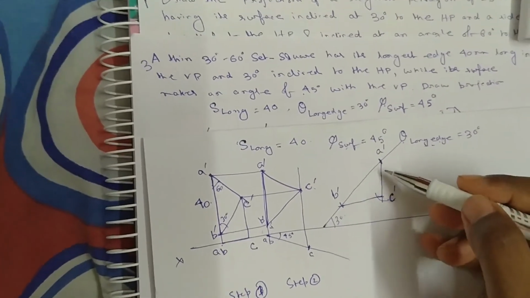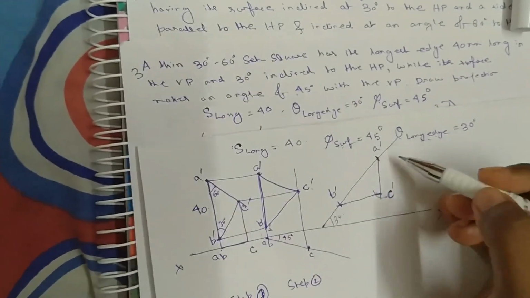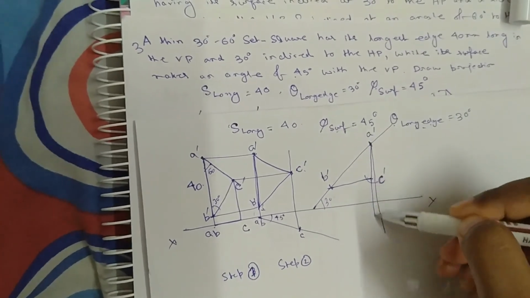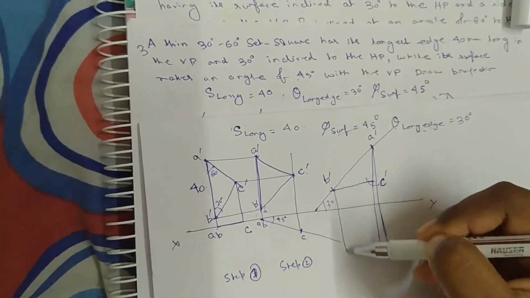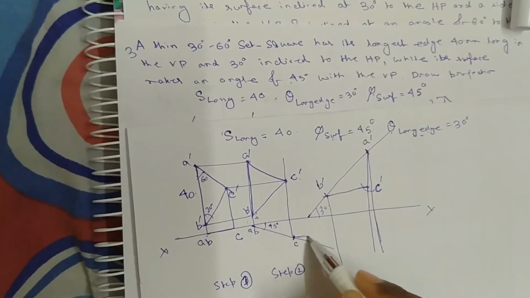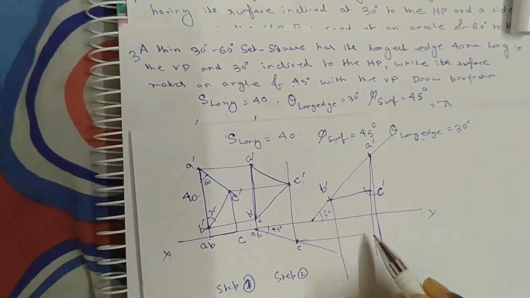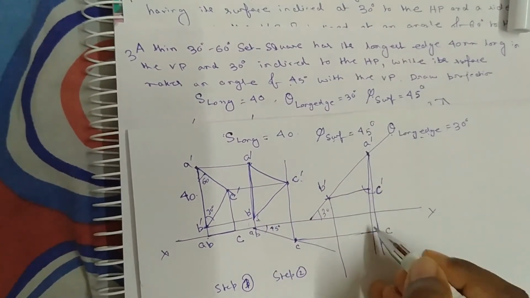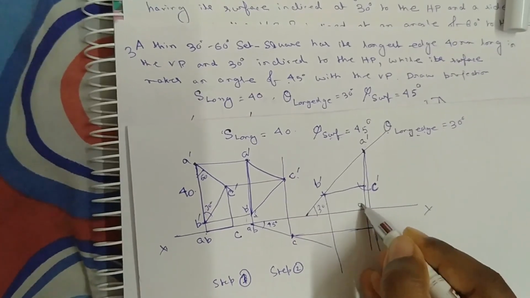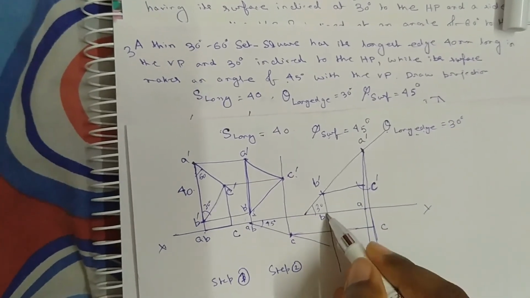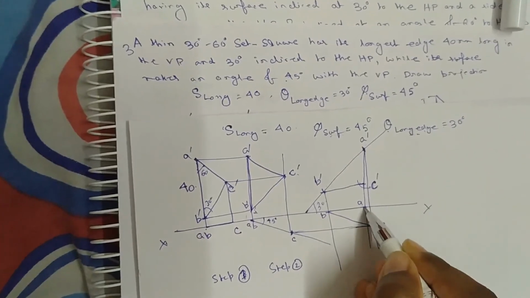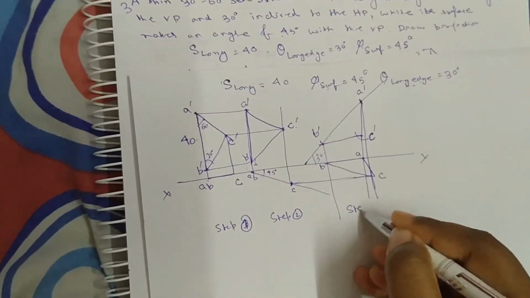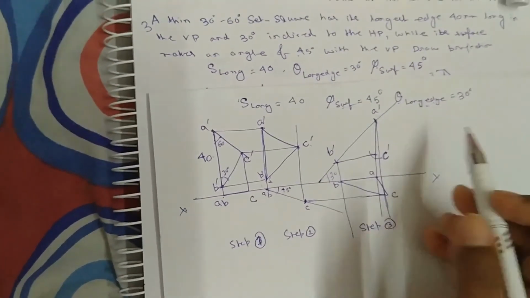After that, you have to do the final form. You will again extend all the points from the front view and top view. So this will be your C, this point is A, this point is B. So just join all the points, and that's it. This is your third step, that is the edge inclination.